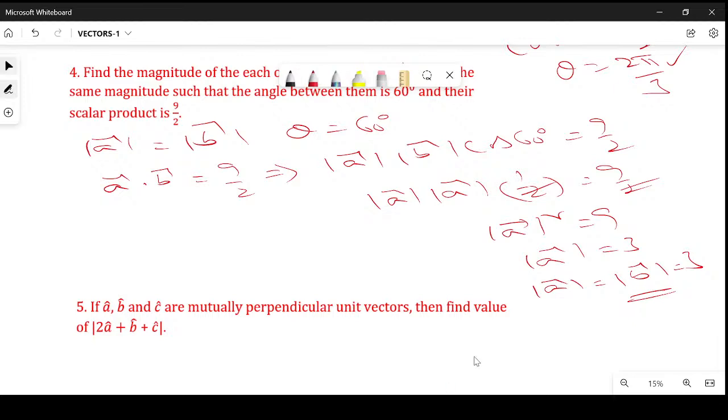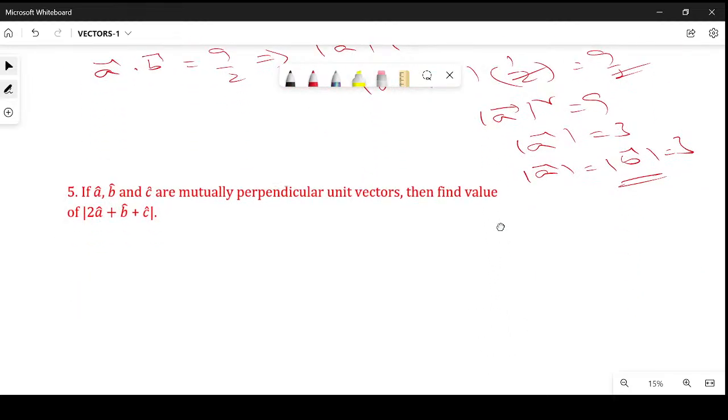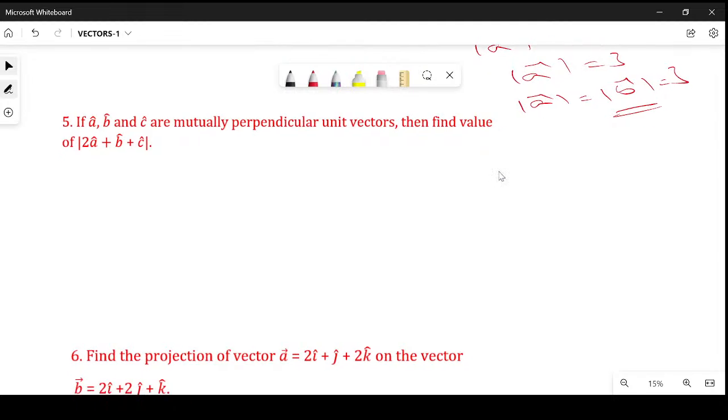Now look at the 5th problem. If a cap, b cap and c cap are mutually perpendicular unit vectors, then find the value of mod 2a cap plus b cap plus c cap. The given are mutually perpendicular unit vectors.